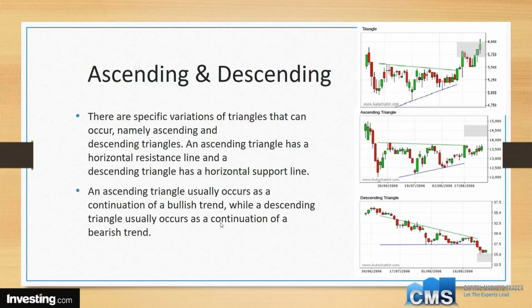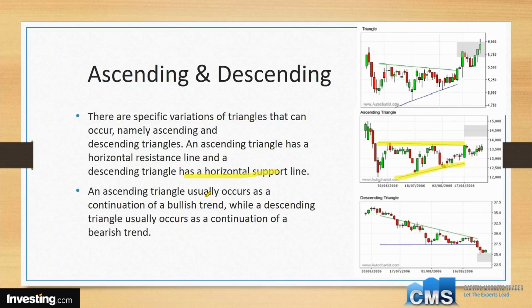Now, there are specific variations of triangles that can occur, namely ascending and descending triangles. An ascending triangle has a horizontal resistance line, which we have here, and a rising support line.